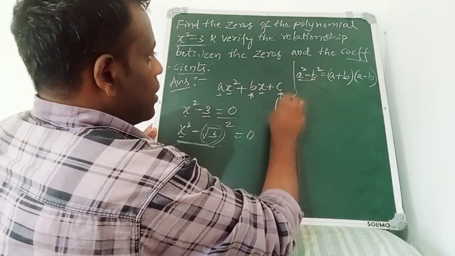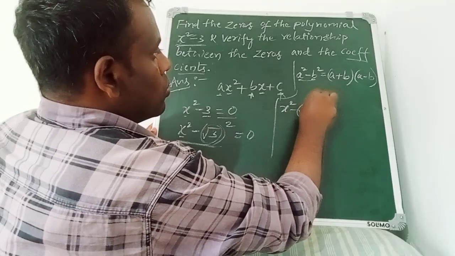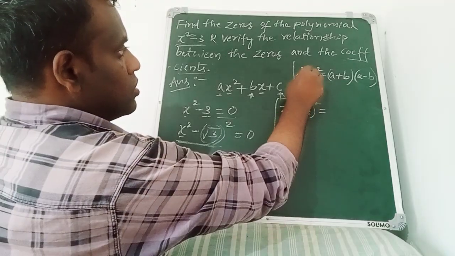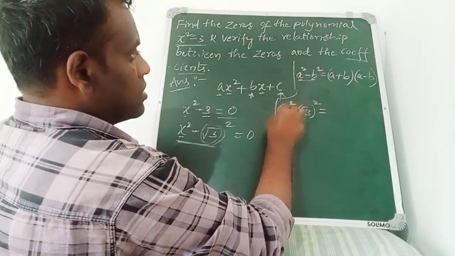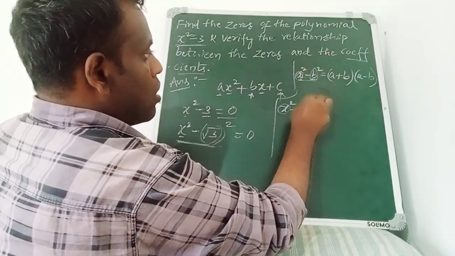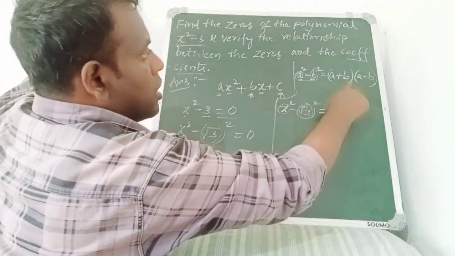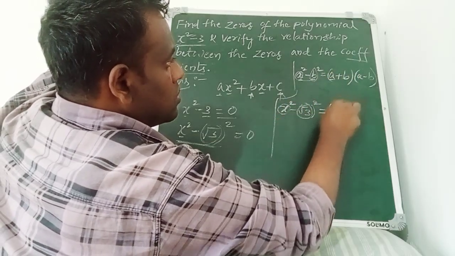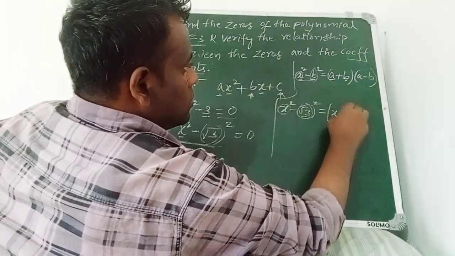So x square minus root 3 whole square is equal to, in place of a we have x, and in place of b we have root 3. According to this formula, a means x, plus b means root 3.